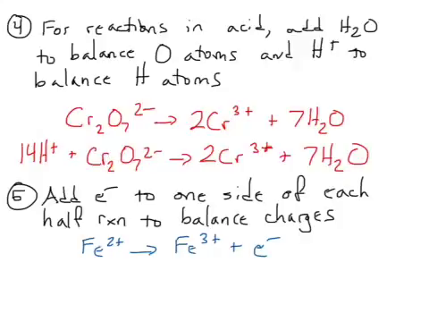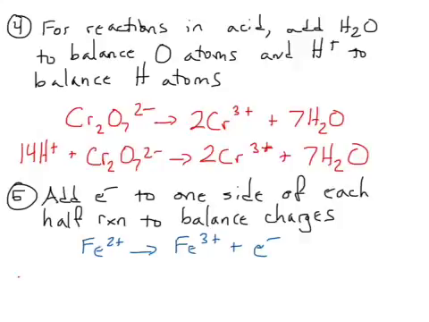So I need to add electrons. Well, since I'm adding negative charges, I need to add them to this side. And I need to add 6 of them, because positive 12 plus negative 6 equals positive 6. So that's what we're going to do down here.